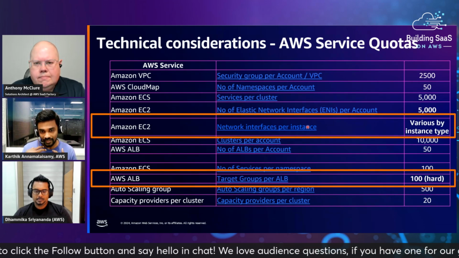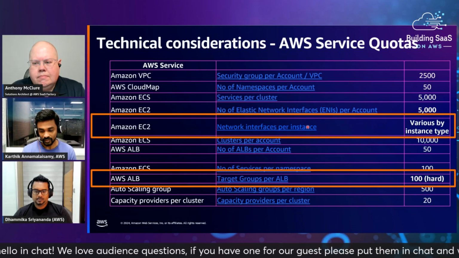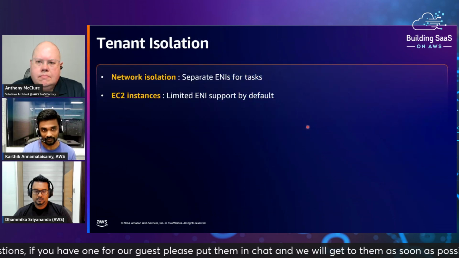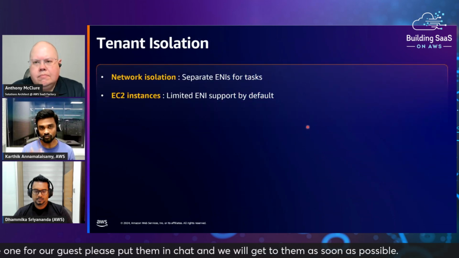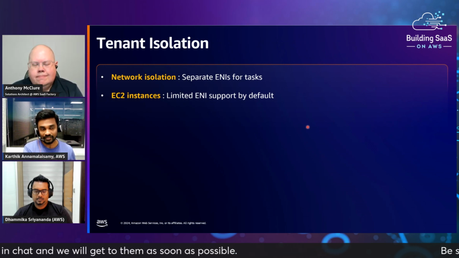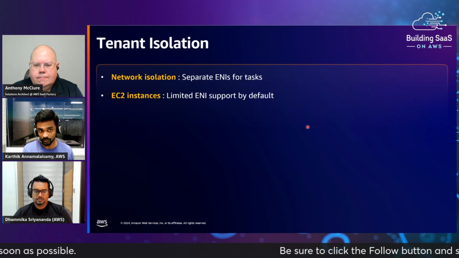So what we have done as part of our recommendation to address these two SaaS constructs is, to start with, for the tenant isolation part, as you scale out to more and more tenants, we have built network level based isolation in ECS across different tenants using security groups.